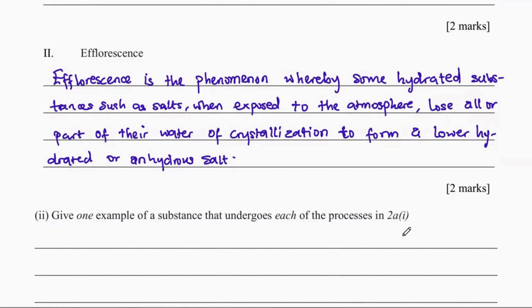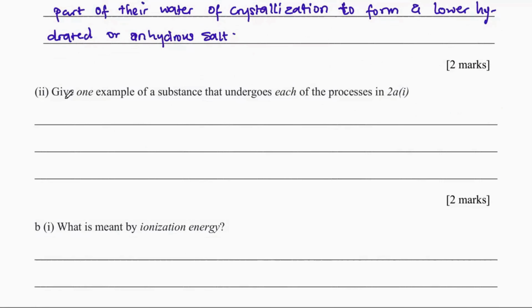Now, the next question is give one example of a substance that undergoes each of the processes. Now, for deliquescence, okay, an example is calcium chloride. And the salts, right? These are properties of salts.